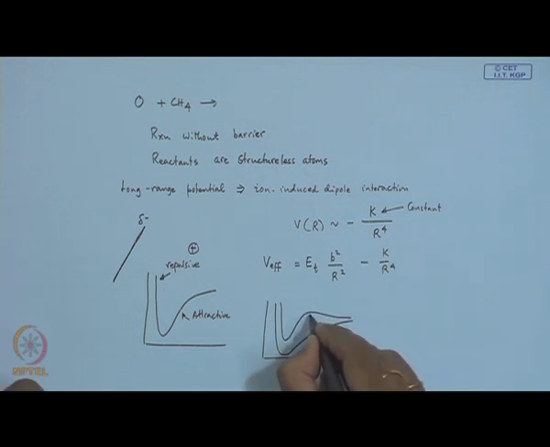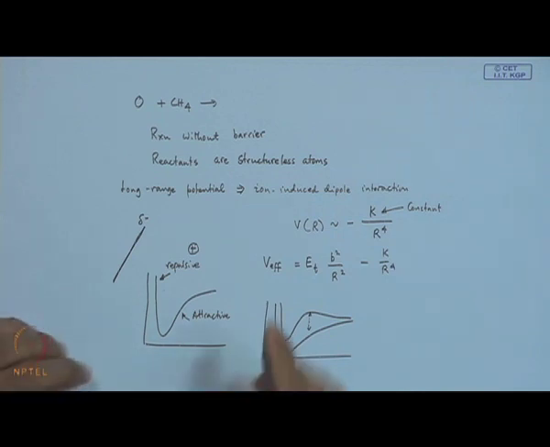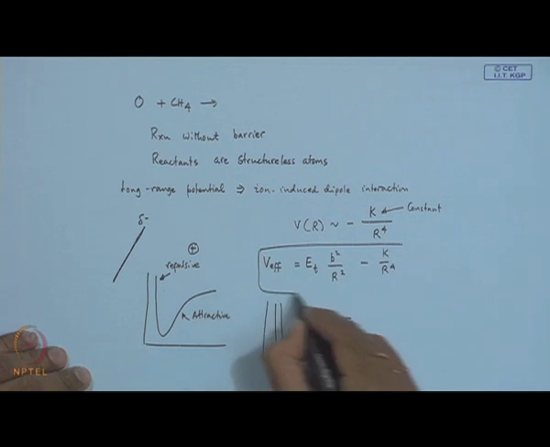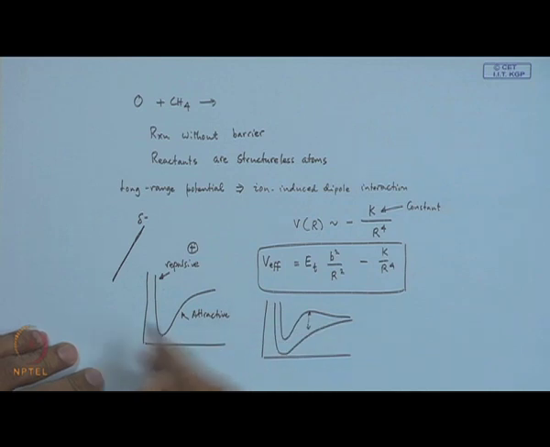So this is the additional barrier. Okay, this is because of the centrifugal force that is operative. So that is referred to here as your centrifugal barrier. So even if there is no potential barrier, the centrifugal barrier must be there. Okay, so that is why this expression, V effective, will be like this.